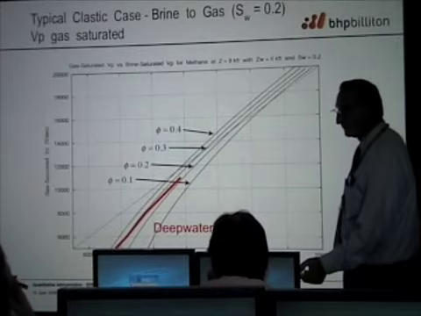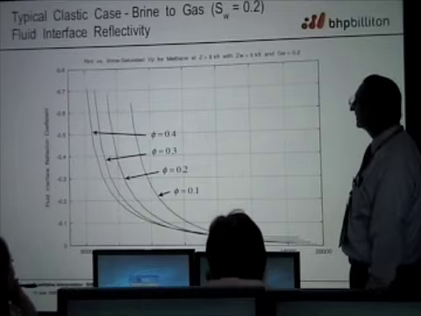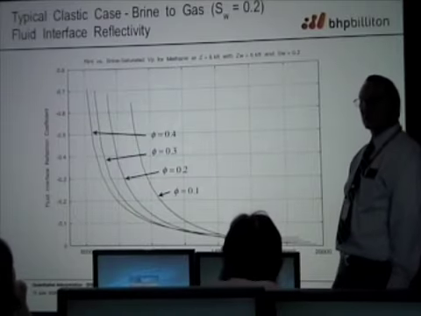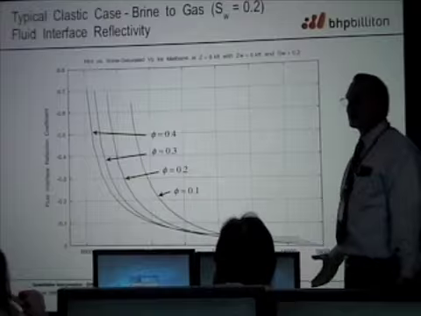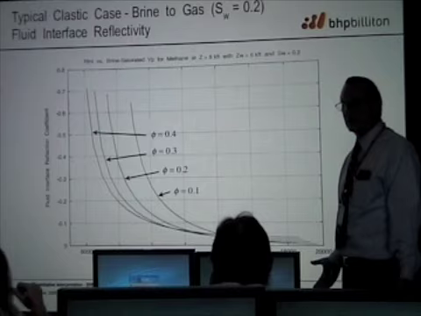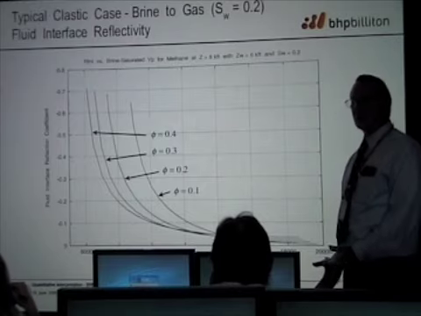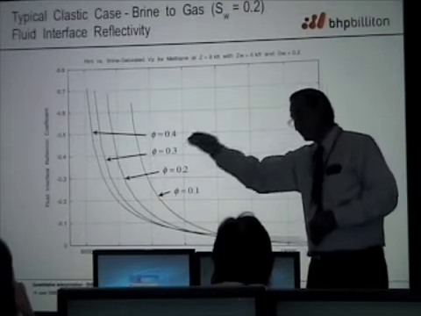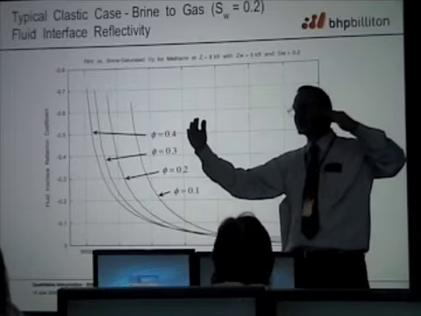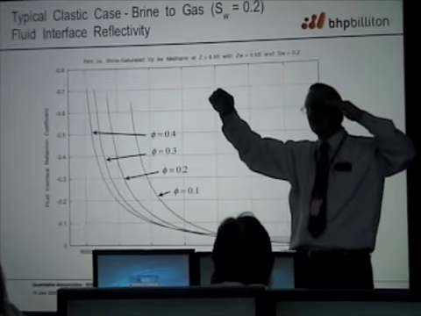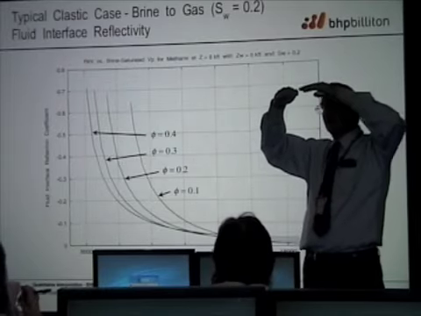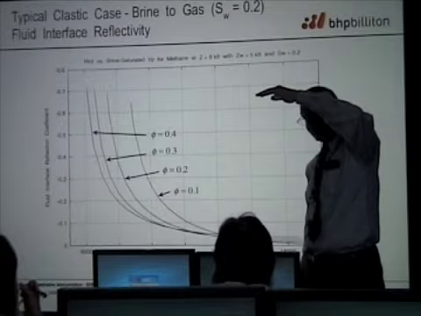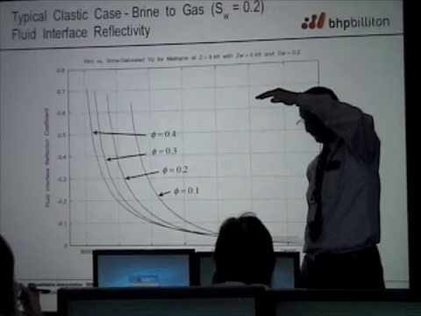Okay, what else can we calculate? We can calculate the interface reflectivity. We started with the brine saturated velocity, and now remember our picture: reservoir, brine saturated down dip, up on top we have gas saturated, and I said, hey, it's that fluid interface in the reservoir rock that tells us whether we're going to have a big effect or not.